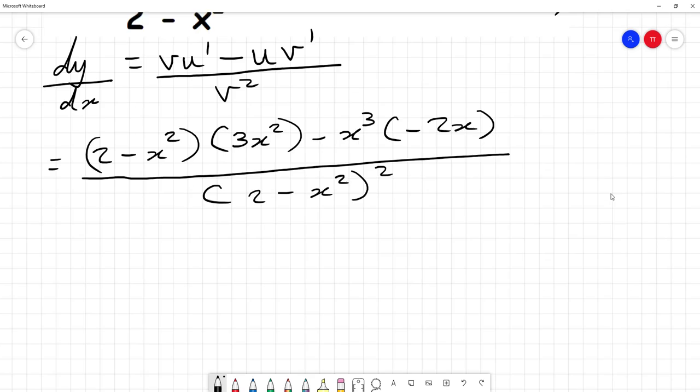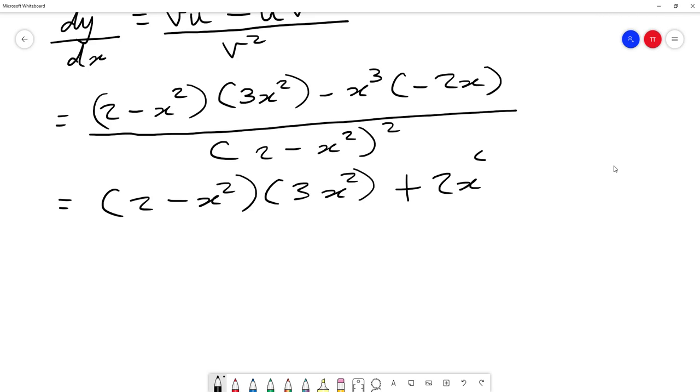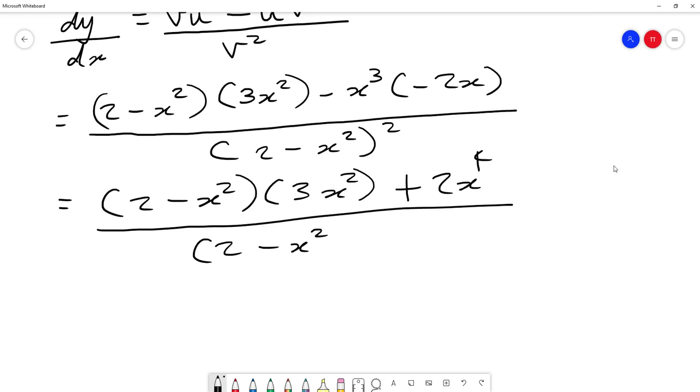So we can simplify this now. We're going to get 2 minus x squared times 3x squared, plus 2x to the power 4, all over 2 minus x squared all squared.